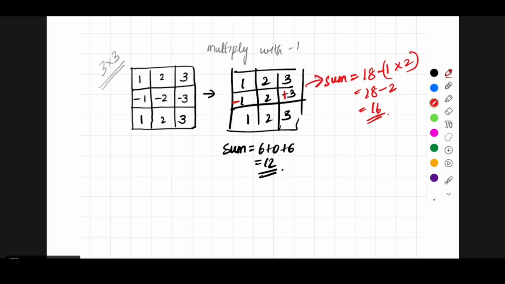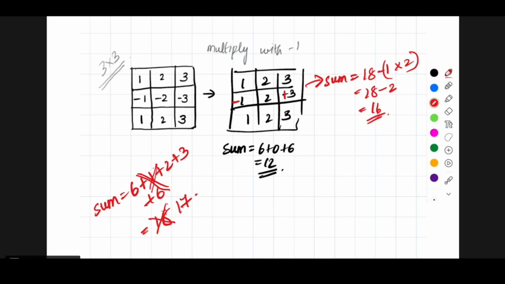I'll explain it. 6 plus 1 plus 2 plus 3 plus 6, this is 18, right? First of all, this is a negative number, so it will not be included. If I remove this element, the sum will be 17.